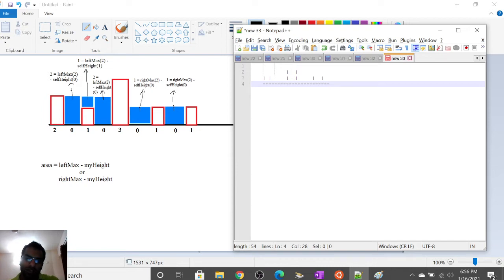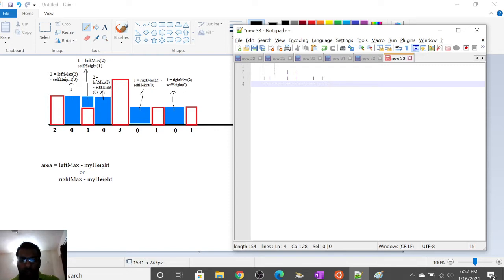So what we can think is, if we move from left and we have any building which is of height greater than me, the present fill can be the left max. So I know that there is a building greater than me, there is a wall, for example this one here, and water will always block there.